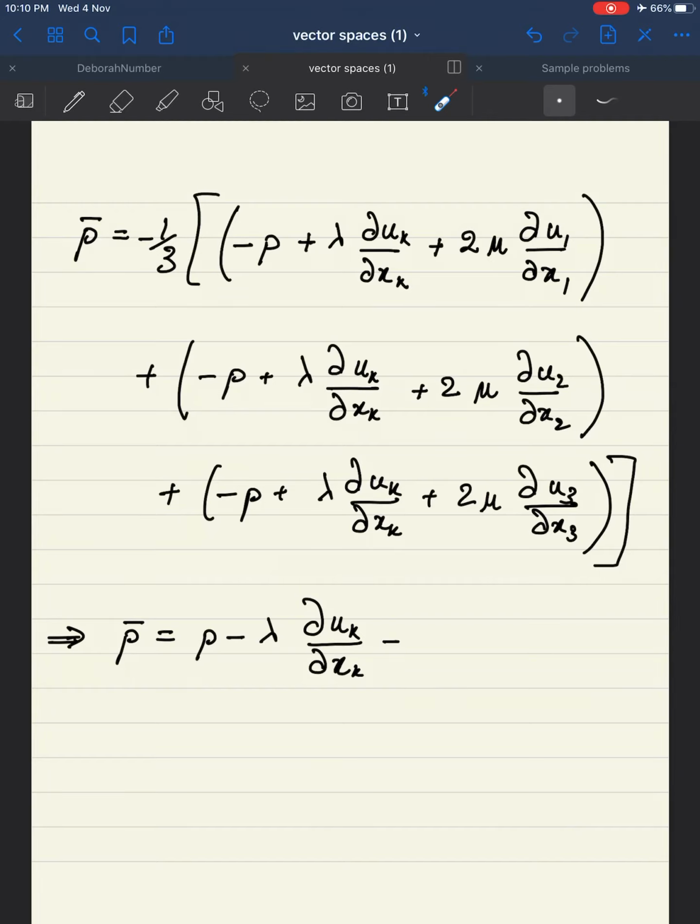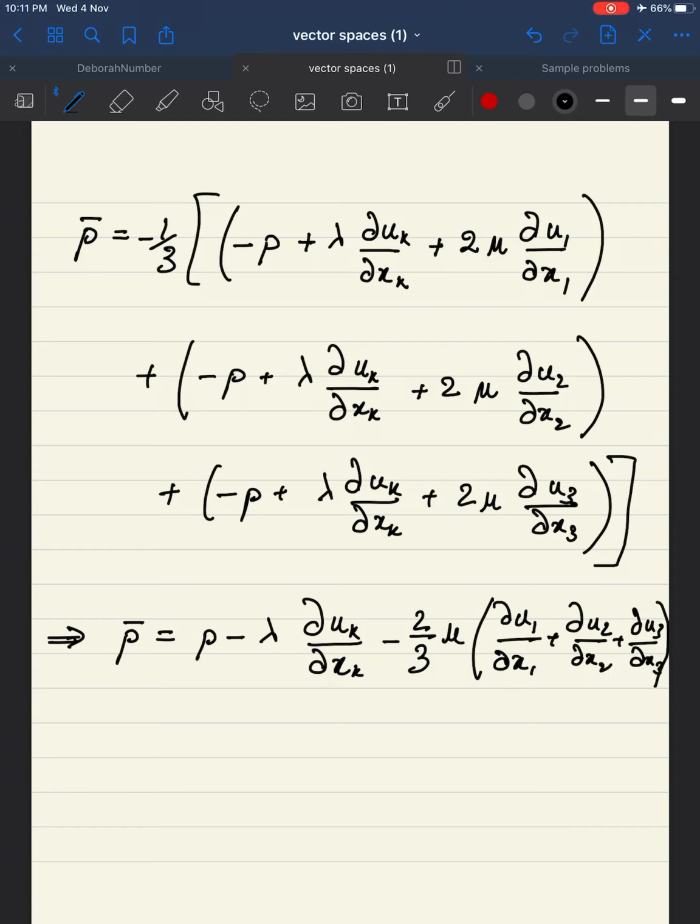Lambda also is thrice, so that also cancels. But here these are all other terms, so these terms are not the same. So I have minus 2 by 3 of mu into all these terms, that is del u1 del x1 plus del u2 del x2 plus del u3 del x3. I could have also chosen another index and written it like this, but that's fine.